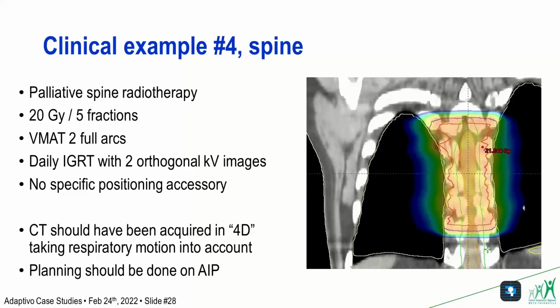The problem here was that initially we had planned to treat this patient using 3D CRT, like 2 opposed anterior-posterior beams. And then we decided to use a VMAT technique to treat him. But we acquired at the beginning a simple 3D planning CT.